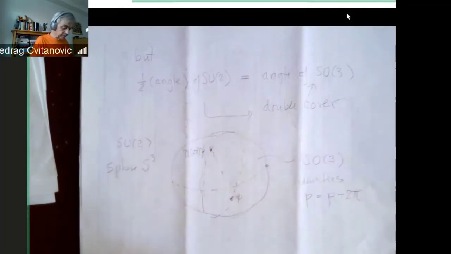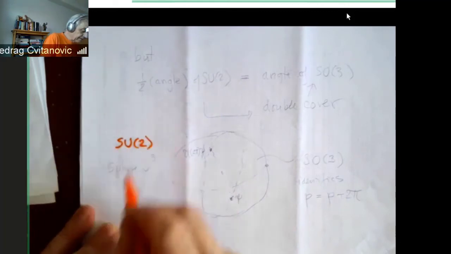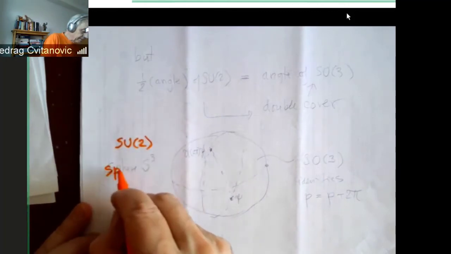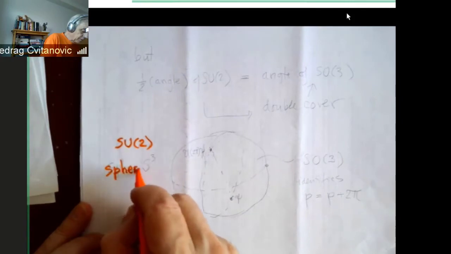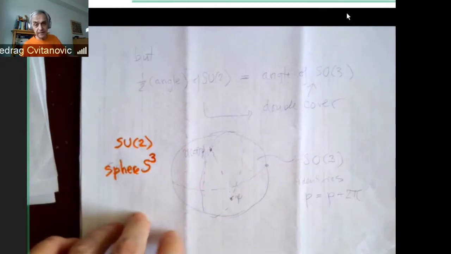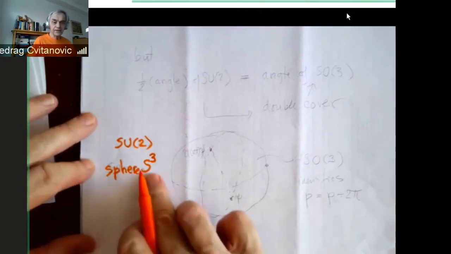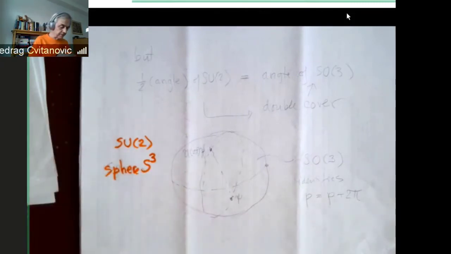We cheat because the parameters of SU2 form a sphere whose surface is S3, so that means it's a 4-dimensional volume with 3-dimensional surface, so we can draw it. But basically, there are 3 coordinates that run from 0 to 4 pi before you come back.